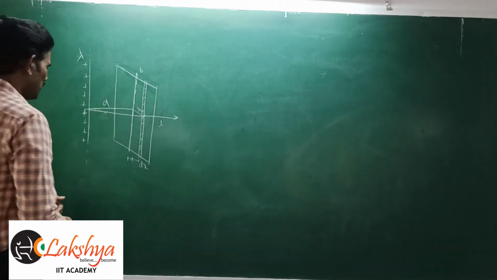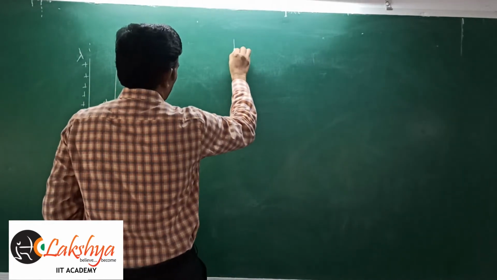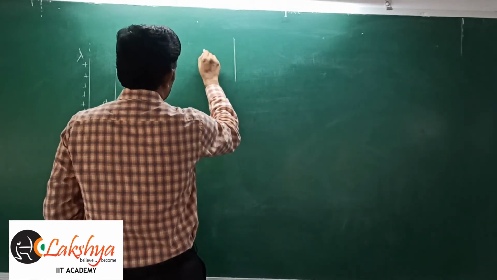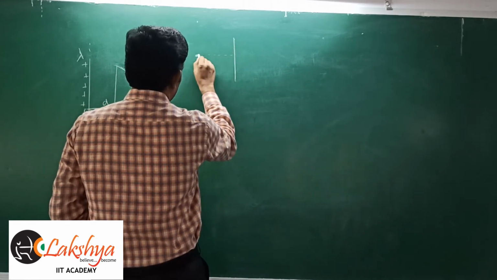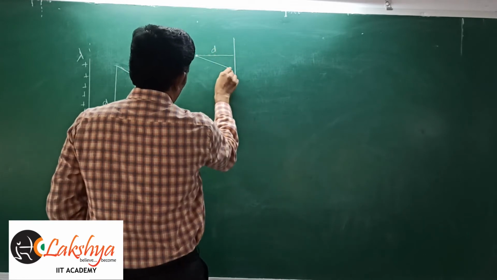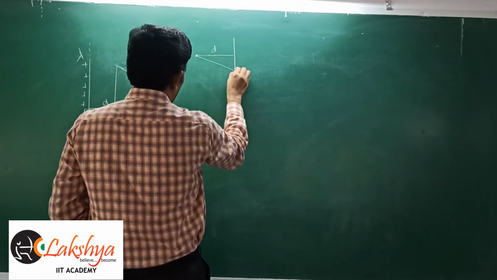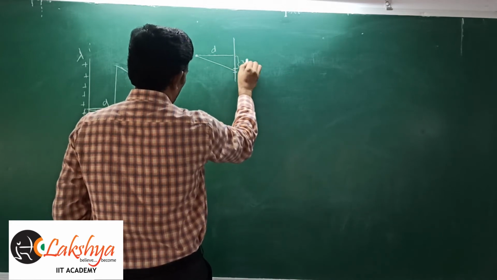That means, suppose I take this as a cross section of this plane, and this is the line of charge, taken as a point here. This is our d. Now this is our small element that we are taking at a distance of x from this.